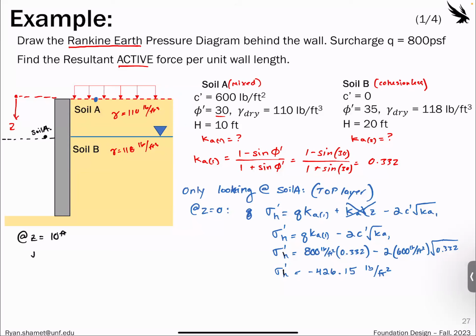The general equation will be the same as before, where we have the coefficient of our surcharge being transferred all the way down. But now we have the total stress being considered, and then the cohesion portion still being applied.